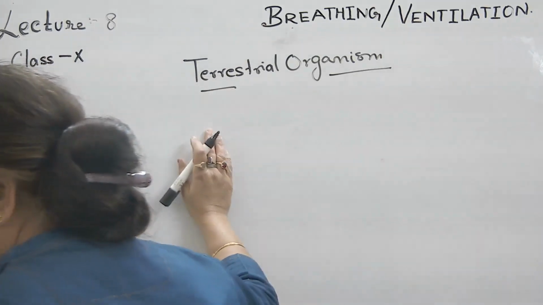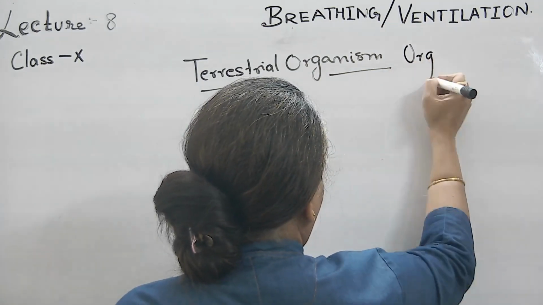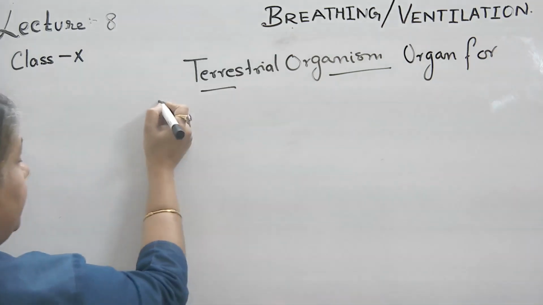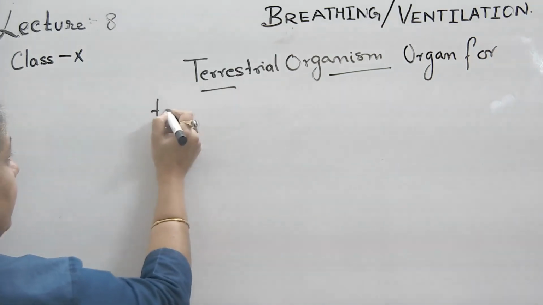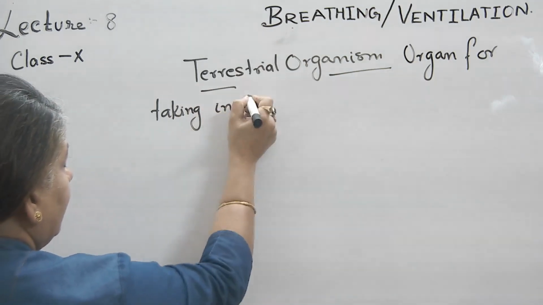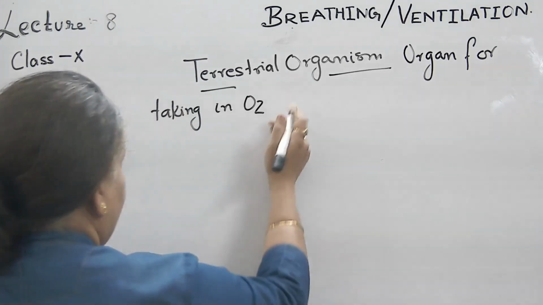See, in terrestrial organisms, the organ for taking in oxygen should have the following features.